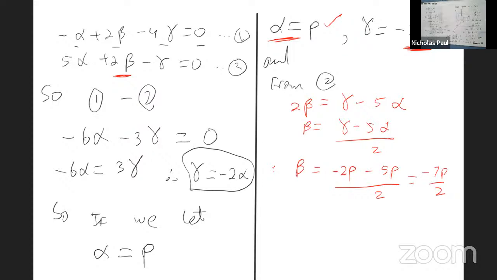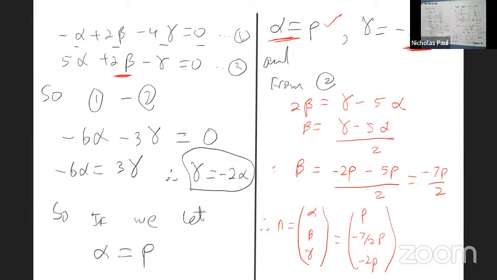So therefore, n is equal to, remember I told you n is alpha, beta, gamma. So we know alpha is p, we know beta is minus 7 on 2 p, and we know gamma is minus 2p. Right? So we now find that perpendicular vector.